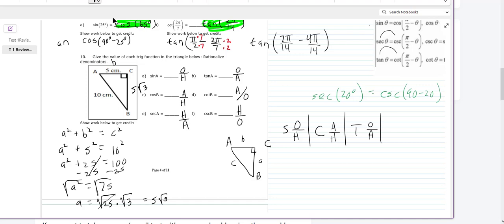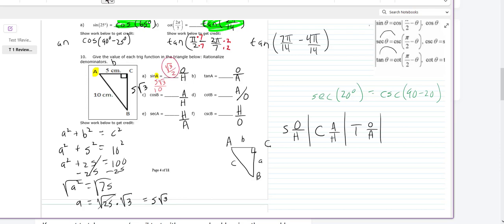And what I'm going to do is simply apply the definition. So I'm looking at sine of A. What you do is take the opposite, which is 5 root 3, over the hypotenuse. So this would be 5 root 3 over 10. You could reduce the 5/10 to a half, so you would get square root of 3 over 2.